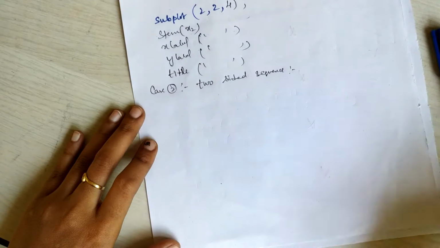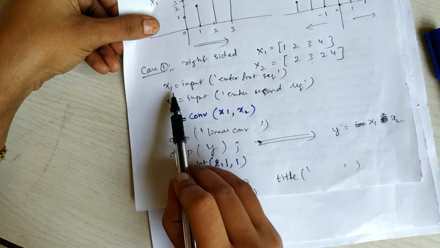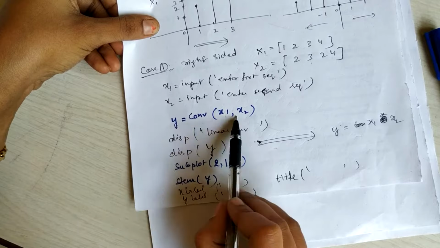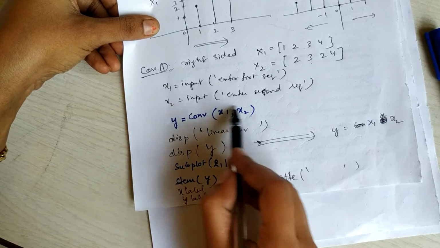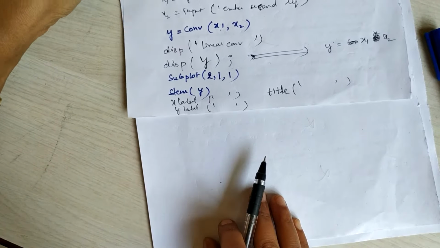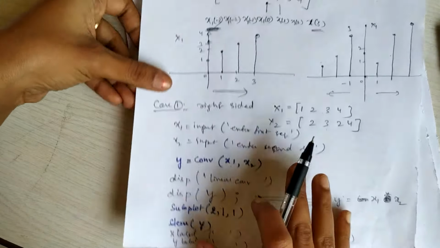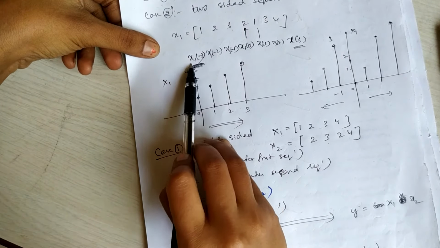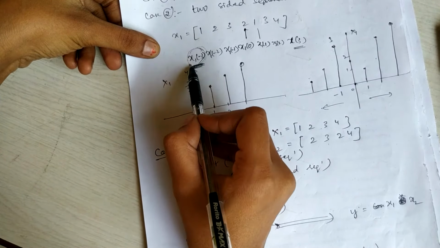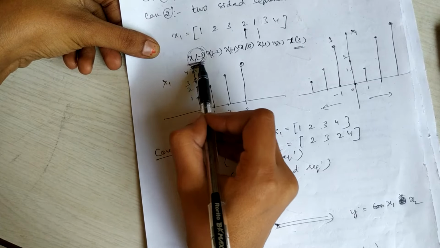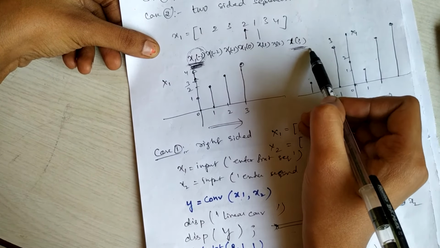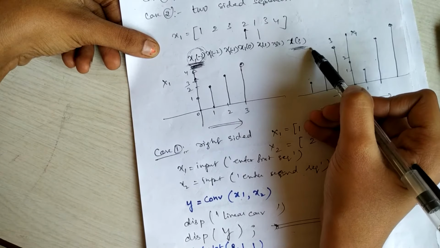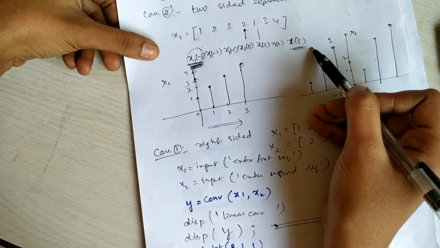Okay, the same thing we need to write: x1, x2, y is equal to convolution. Before this we have to initialize different lines, because in this two-sided sequence the length will be different. The starting length will be x of minus 3 and the ending length will be different. So that is why we need to declare the y begin and y end.